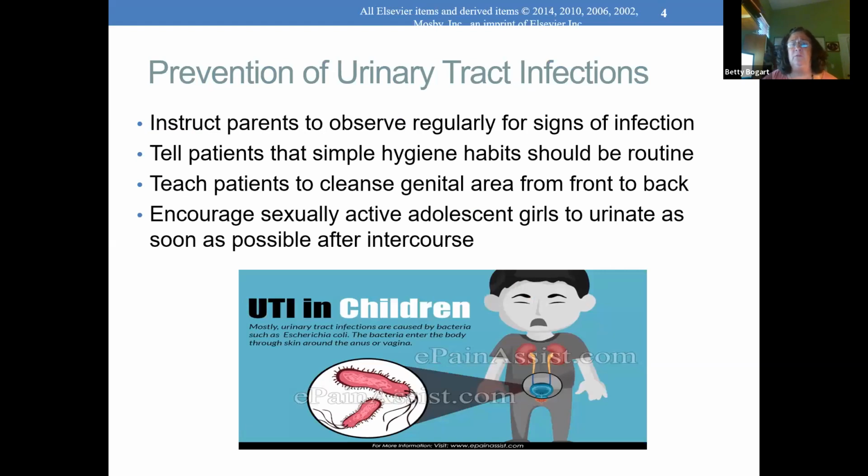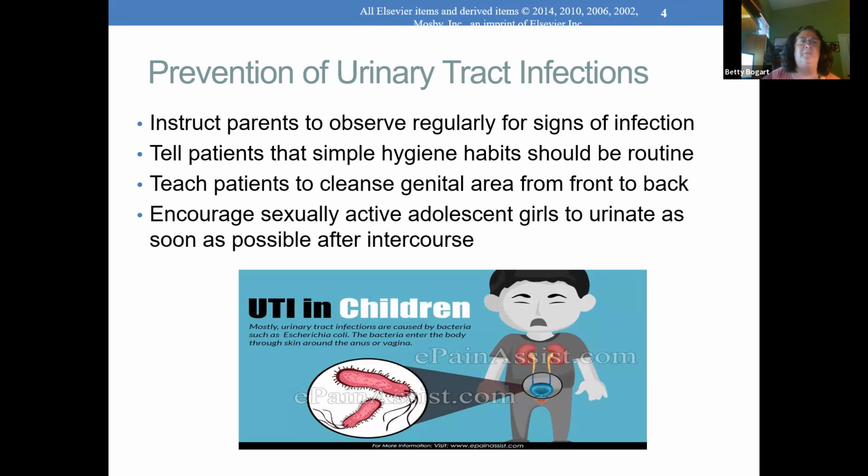So prevention, well, we need to get treatment immediately if we see something. That's the best way to take care of your kidneys, making sure they don't get really bad infections and go into bigger disease problems because we didn't treat a urinary tract infection. Children and parents need to be taught how to wash the hands, how to wipe front to back, very important things.